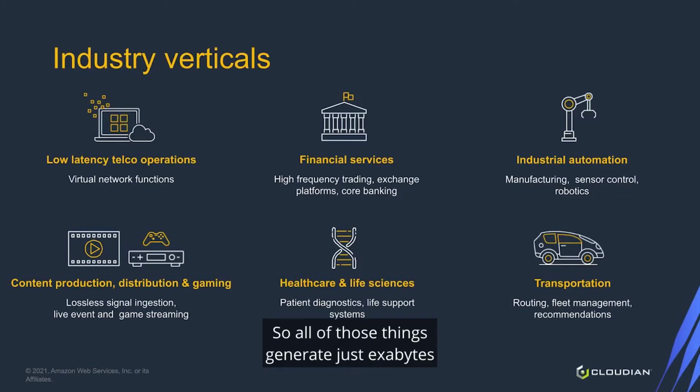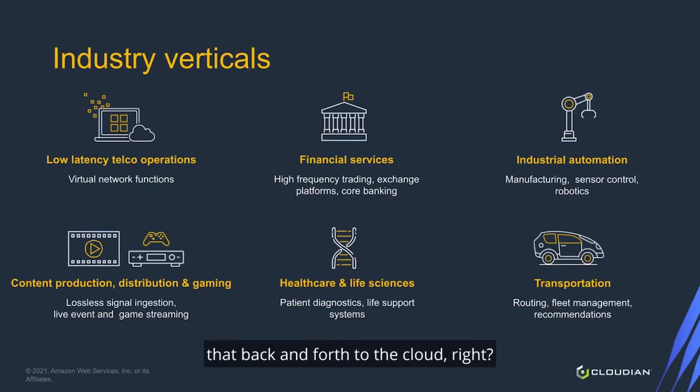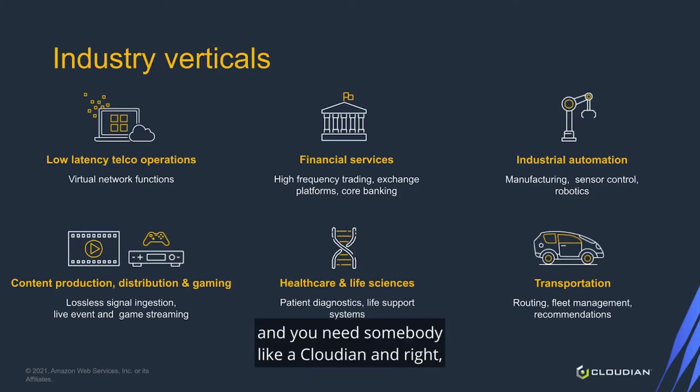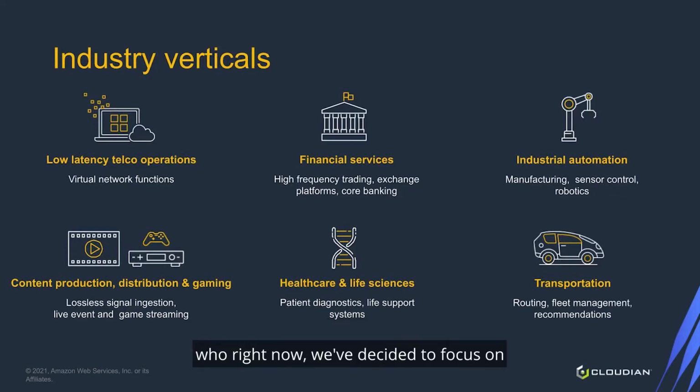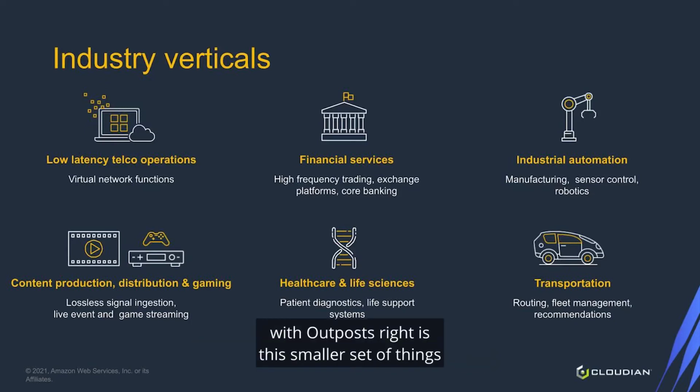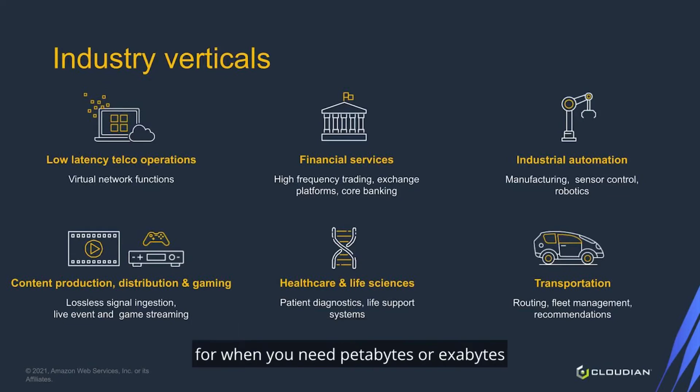All of those things generate just exabytes, and you don't want to transfer that back and forth to the cloud, right? You need on-prem storage, and you need somebody like a Cloudian, who, right now, what we've decided to focus on with Outposts is this smaller set of things that we do. And Cloudian has the perfect solution here for when you need petabytes or exabytes of high performance storage.